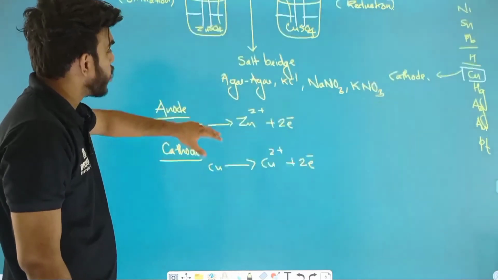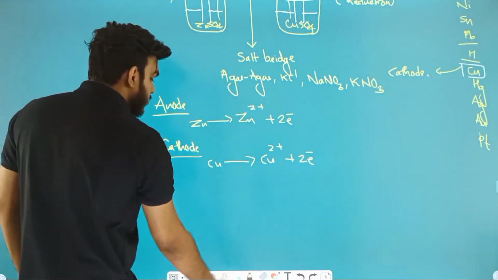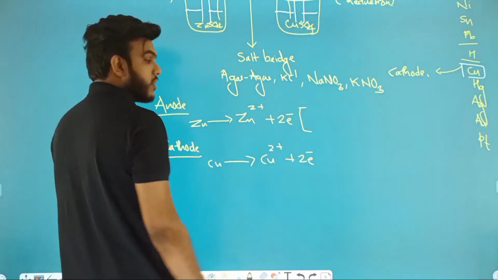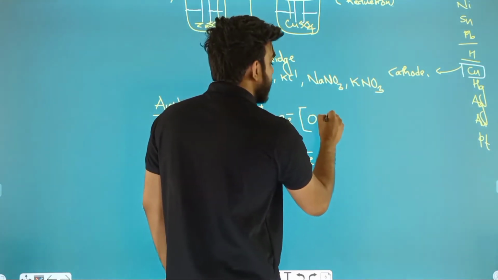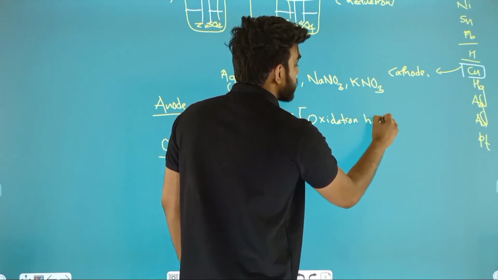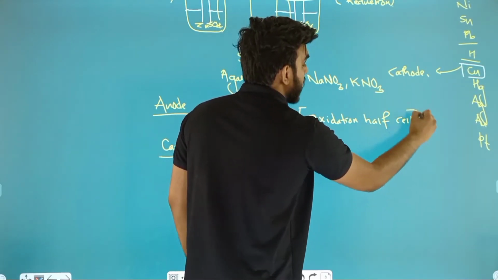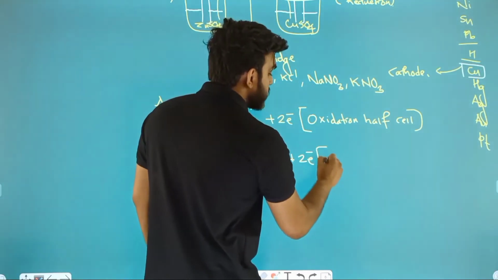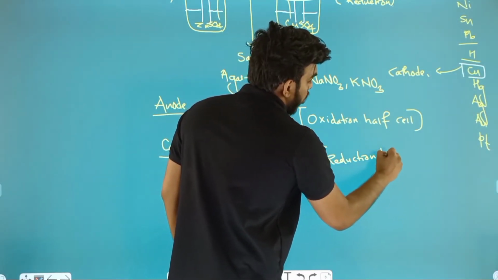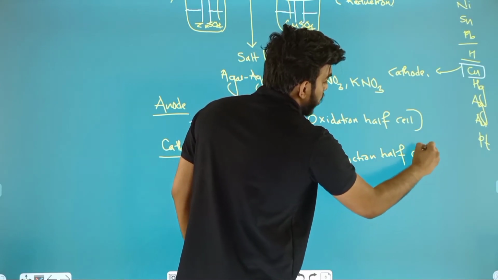To represent the overall cell reaction, this anode will undergo oxidation, so we can write here this is the oxidation half cell. Half of the reaction undergoes oxidation, and this is the reduction half cell. So overall it will be a redox reaction.